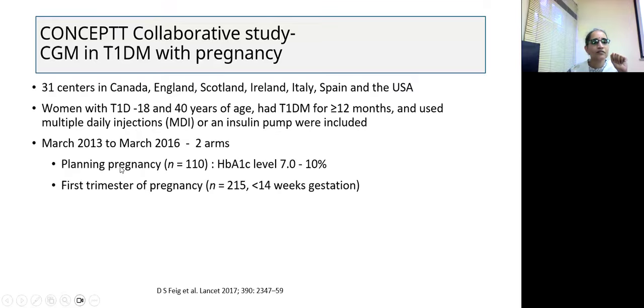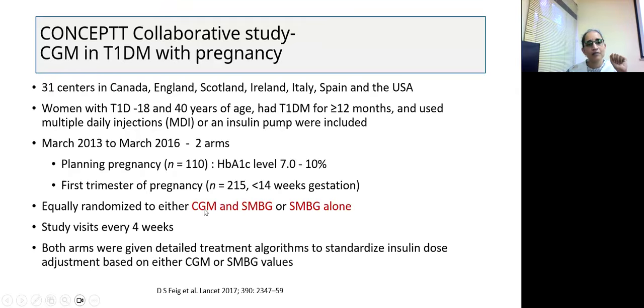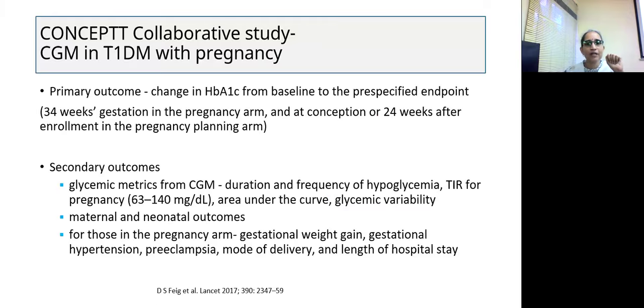They were in two arms, those who were planning pregnancy and those who were in the first trimester of pregnancy, randomized to CGM or self-monitored blood glucose alone. The primary outcome was change in HbA1c from baseline to the pre-specified endpoint, that is at 34 weeks of gestation in pregnancy or at conception.